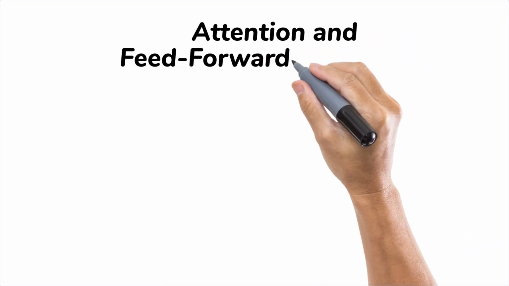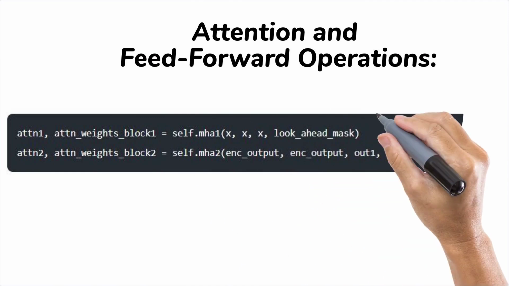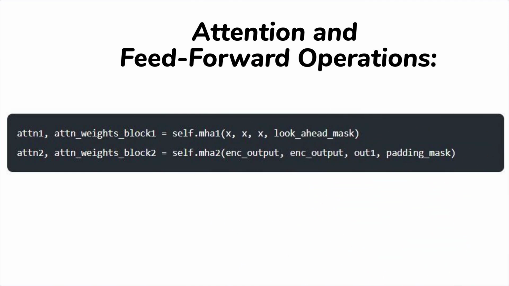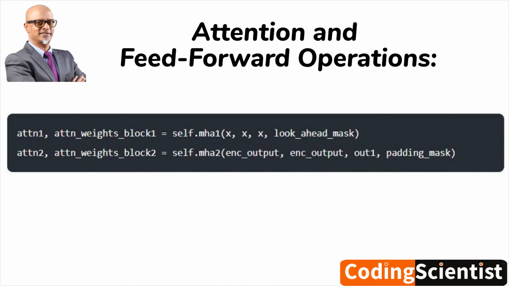Attention and feed-forward operations. attn1, attn_weights_block1 = self.mha1(x, x, x, look_ahead_mask), attn2, attn_weights_block2 = self.mha2(enc_output, enc_output, out1, padding_mask).